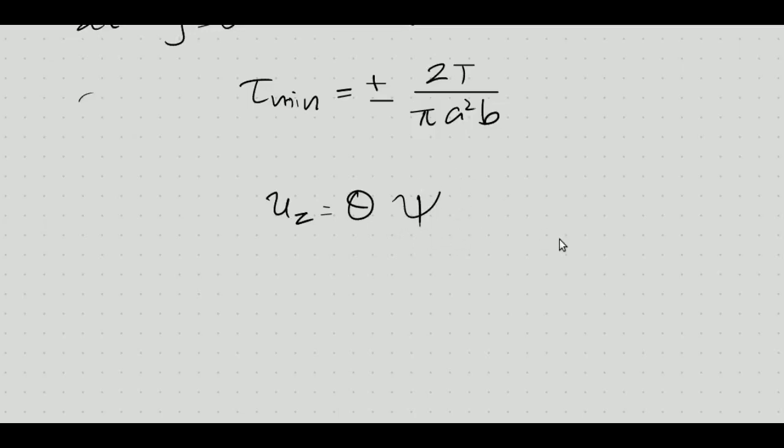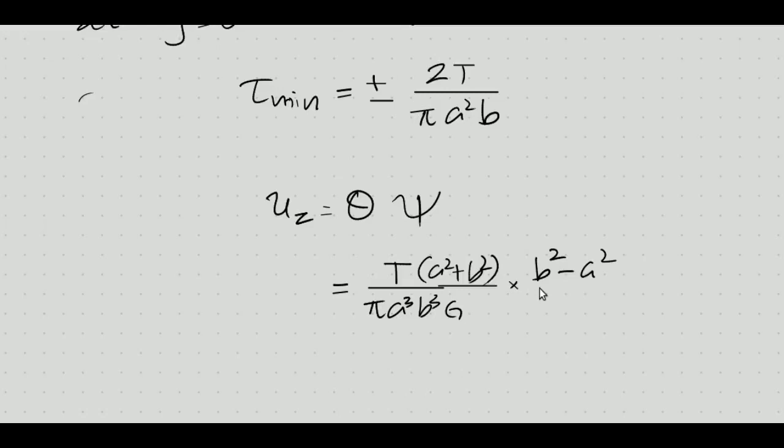We know the value of A, and θ is also calculated. θ is T divided by π a³ b³ into G, and A is (b² − a²) divided by (b² + a²).